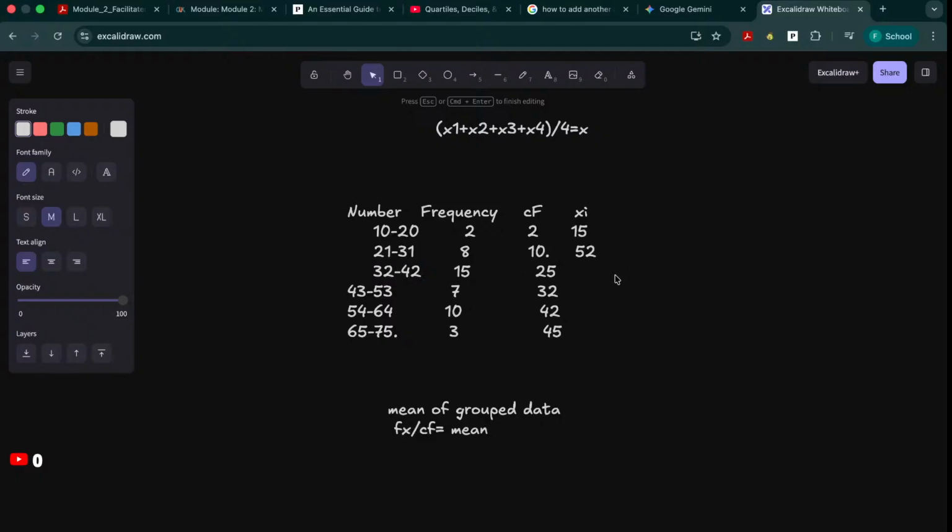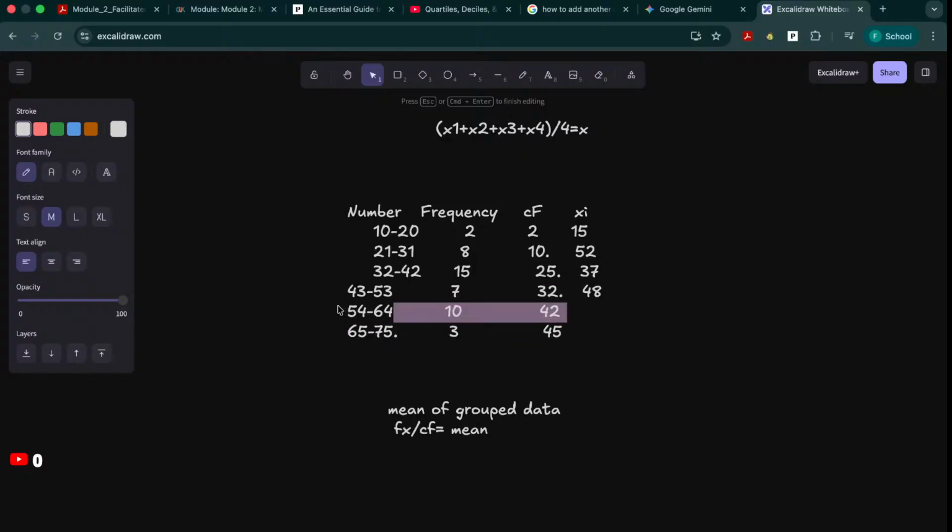That answer is 37. 43 plus 53 gives us 96. 96 divided by 2 gives us 48. We write our midpoint here as 48.